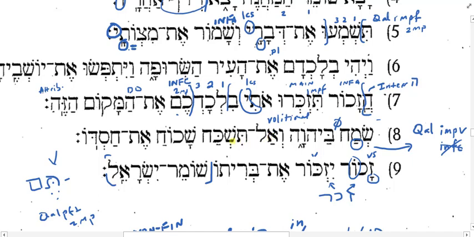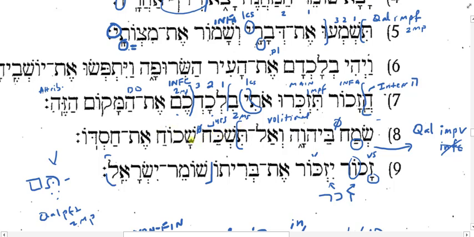I have to switch to the imperfect and put lo in front, or the jussive and put al in front. So I've got al here, so this must be a jussive, not an imperfect, and I have a prefix tav with no ending. That's 2ms, isn't it? And don't what? Al tishkach. What's shakach? It's one of our new verbs. Don't forget. Okay? So rejoice in Adonai and don't forget, dude.